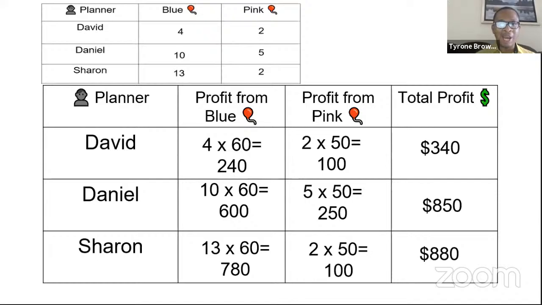She had at least 2 pink. The total was 15 or less. And the first requirement would have been the blue must be at least twice. Oh, I see what they're saying now. Someone is saying it's not twice, but we didn't say twice. We said at least.